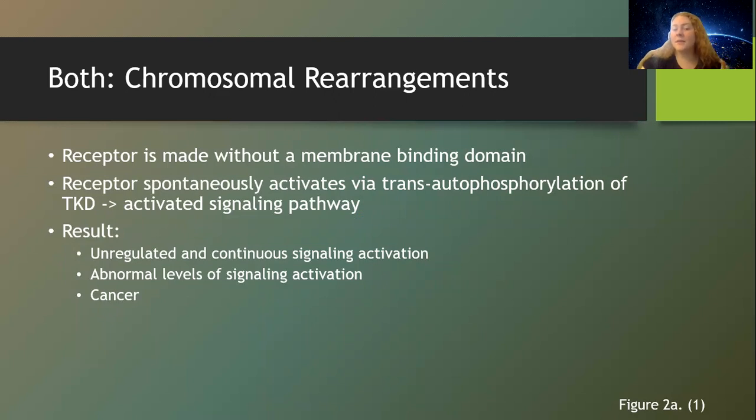However, if there is a double strand break within the chromosome, that double strand break could happen within the gene coding for the RTK receptor.